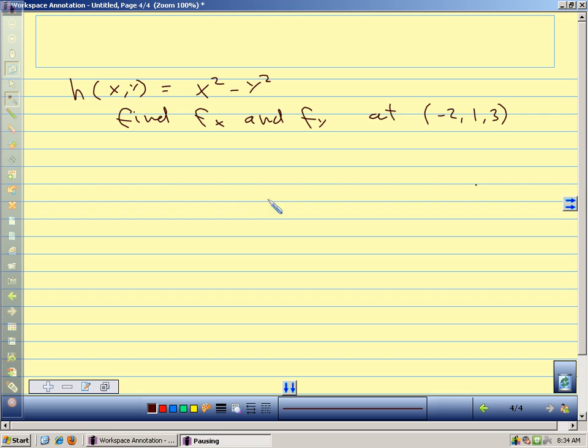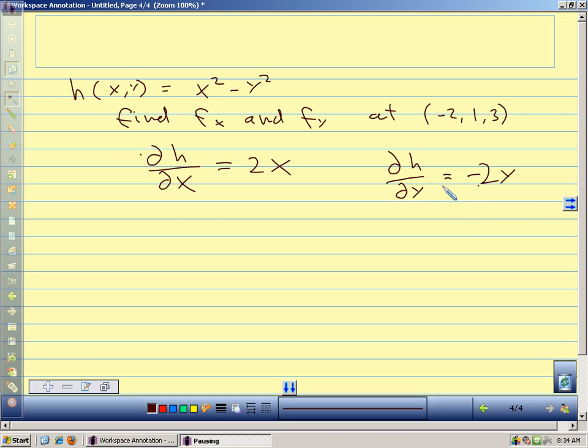All right, so let's calculate our partials. So dh/dx is going to be what? 2x, if y is constant, the derivative of a constant goes away. So our derivative with respect to x is just 2x. dh/dy is minus 2y.